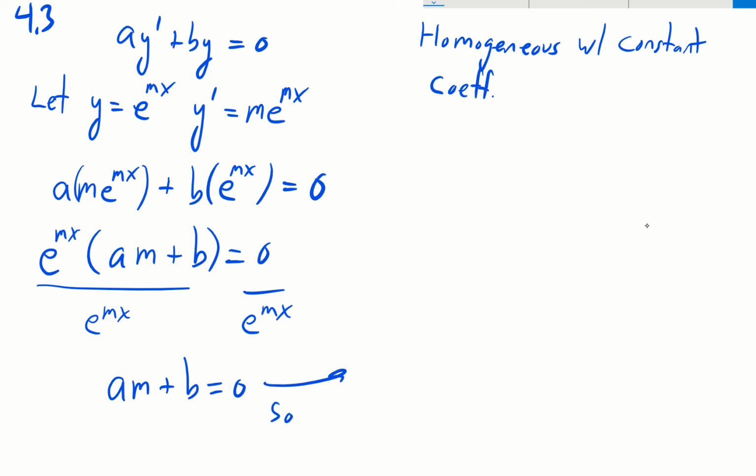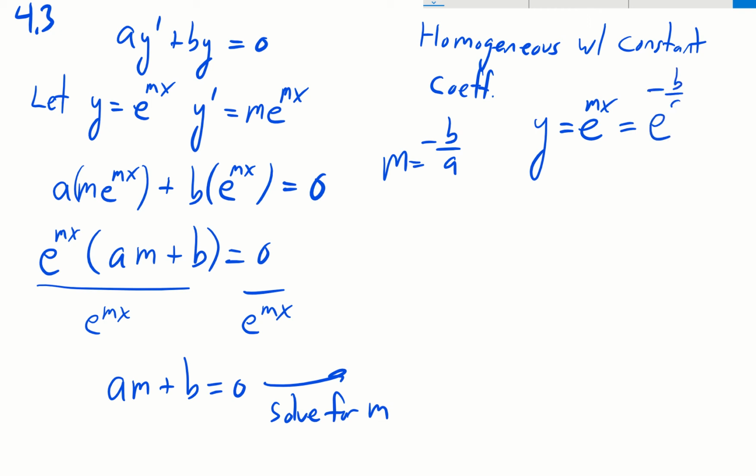We can solve this for m, and we get that m equals negative b over a. So it looks like the function y equals e to the negative b over a times x should be a solution to this differential equation.